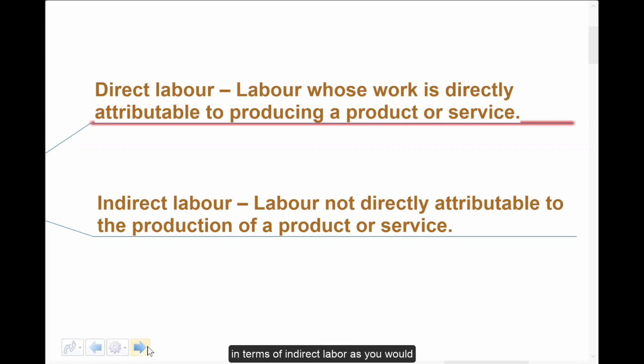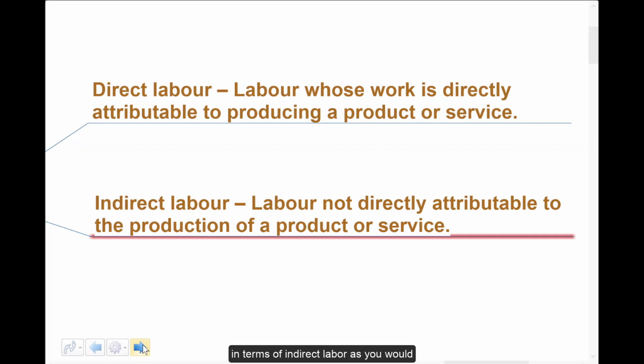Now, indirect labour, as you would expect, is not directly, easily, or simply attached to the production of a product or service. Does that mean that it won't necessarily affect the cost of the product or service? Well, it may do in the form of some sort of attributable element.